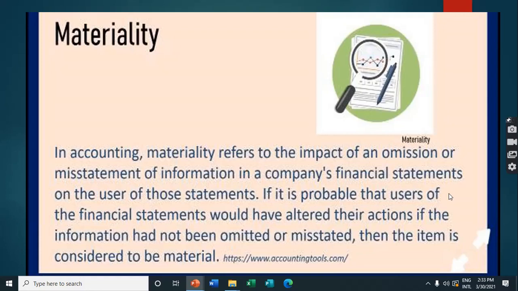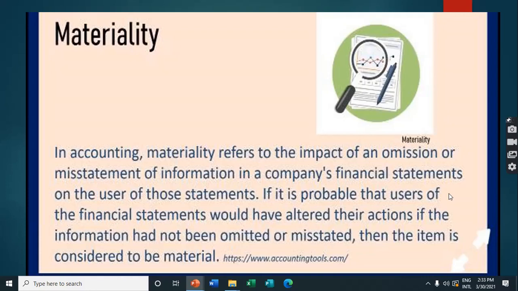Ayan. On the user of those statements. So, if it is probable that users of the financial statements would have altered their actions if the information had not been omitted or misstated, then the item is considered to be material.